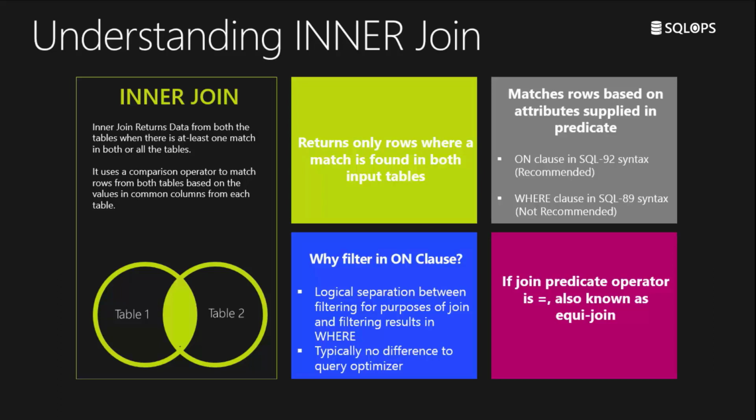You can use either syntax and SQL has similar performance results, but when you're using other types of joins, you will see that using the on clause gives us the logical separation between joining the tables and filtering the results in the where clause. And as discussed earlier, an inner join returns only rows where a match is found in both the input tables. And if the join predicate operator is the equal to operator, it's known as an equijoin.